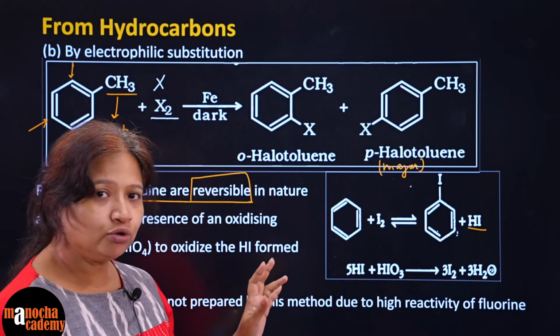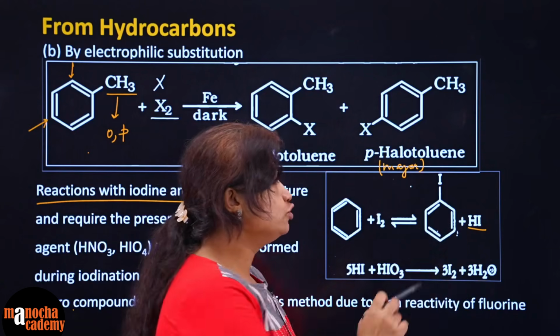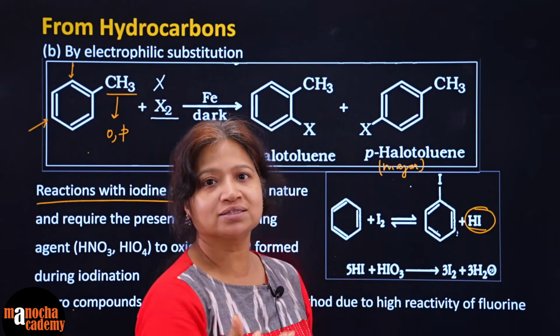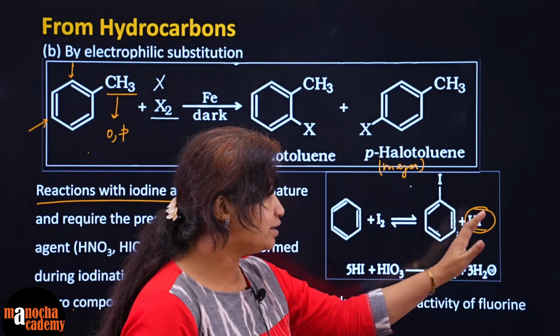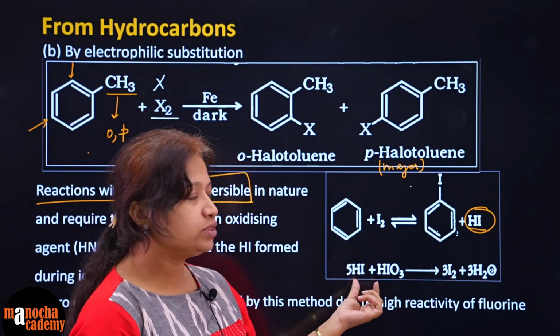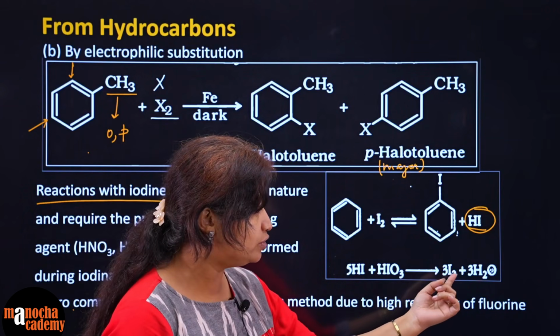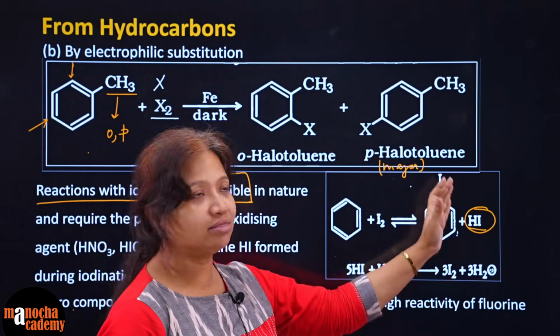So what you can do to shift the equilibrium to the right is remove one of the products from the product side. We have learned this in chemical equilibrium. So how do you do that? By reacting HI with an oxidizing agent like HIO3, where again you get iodine and water. This iodine will further react with benzene and again you get the product.